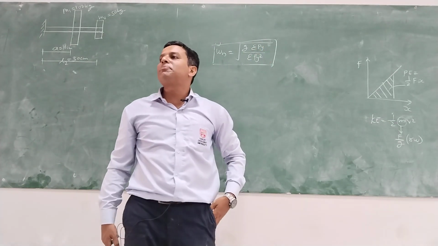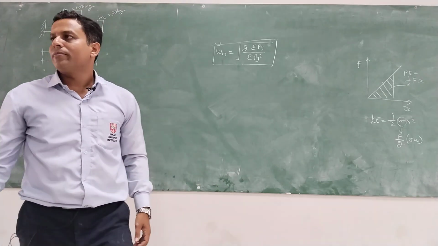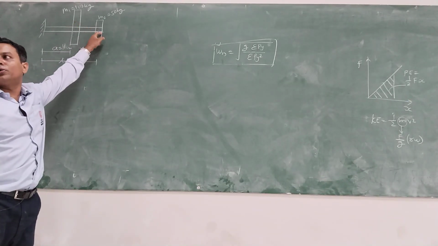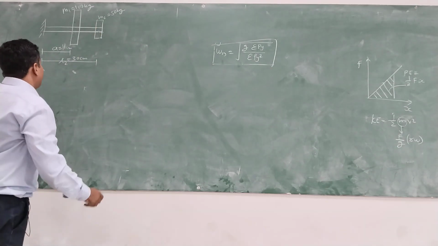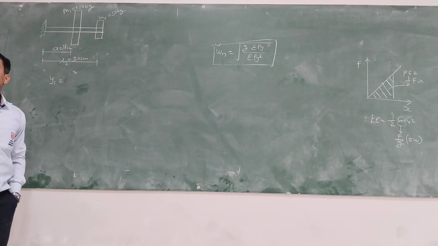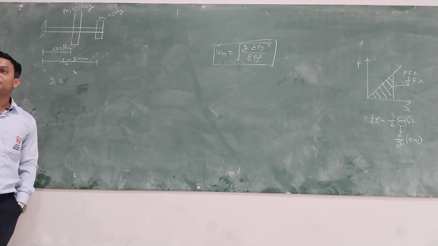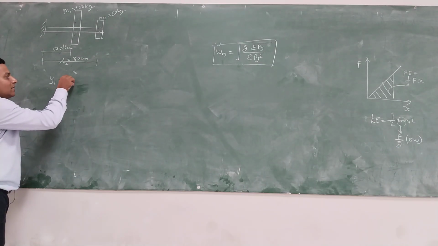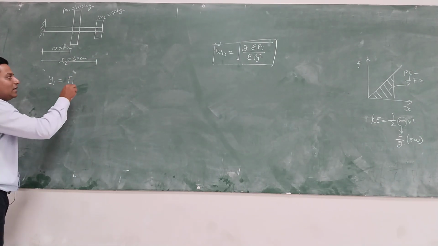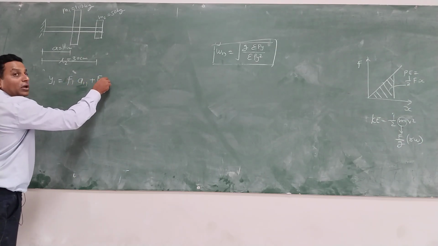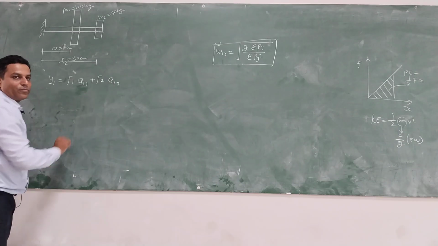Y means displacement under each load. So displacement under load 1, displacement under load 2. And displacement under load 1 means Y1, we can write in terms of influence coefficient, and that formula will be Y1 equals force 1 into A11 plus force 2 into A12.